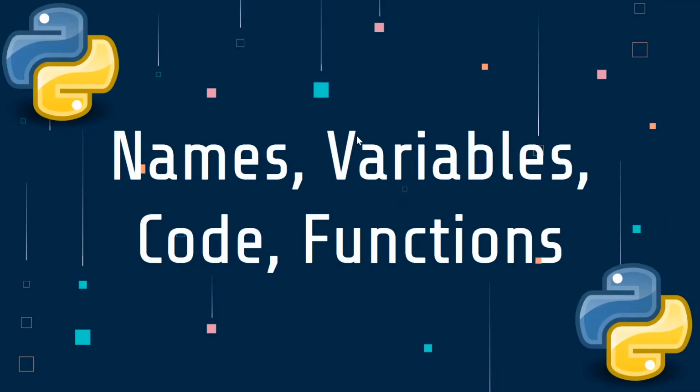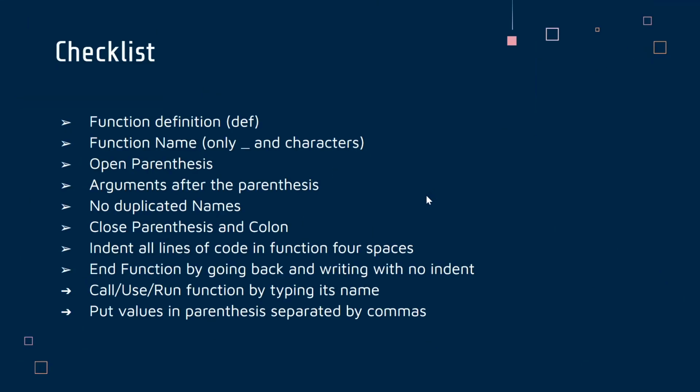So yeah, we're going to go back to the slides presentation, and this is going to be our checklist for if you're getting errors. This is the way to make sure what you were doing is correct. The first part we're going to need is your function definition. Whenever you start a function, remember it's def, so you're defining it.